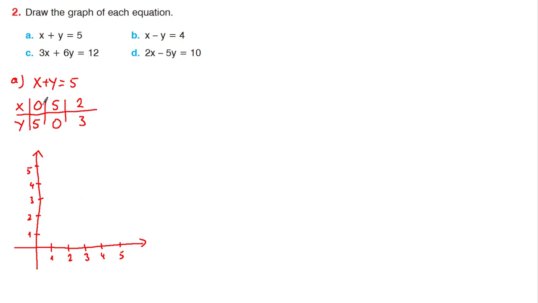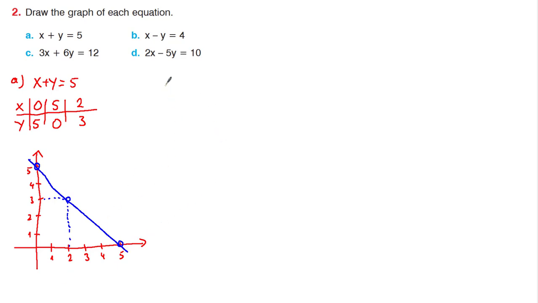Now the first point is the point with coordinates 0, 5, which corresponds to x 0, y 5. It's this point. Then 5, 0 corresponds to this point, and 2, 3 corresponds to this point here. So now we can clearly see there is this line passing here. So we can show the line passing like this. So this is the line under A.